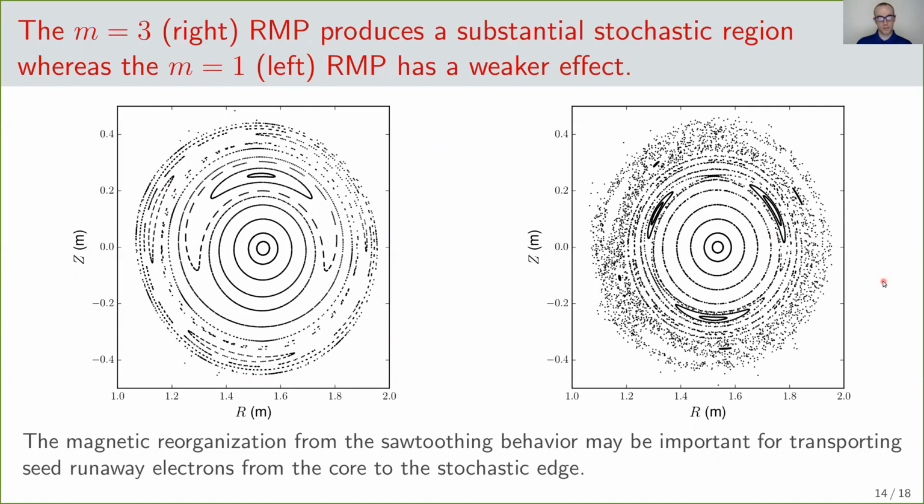So what we were able to demonstrate is that this m=3 RMP applied for MST in these discharges produced a large stochastic region and edge, since it was resonant with a number of surfaces in that region, and those islands start to overlap.